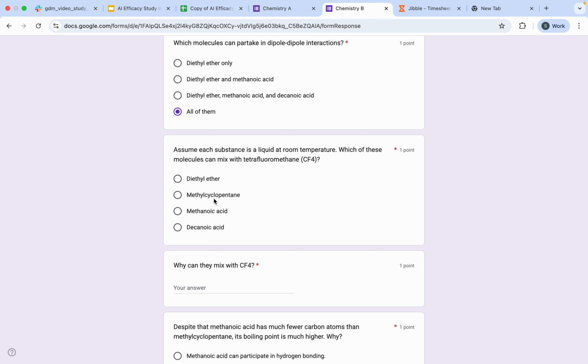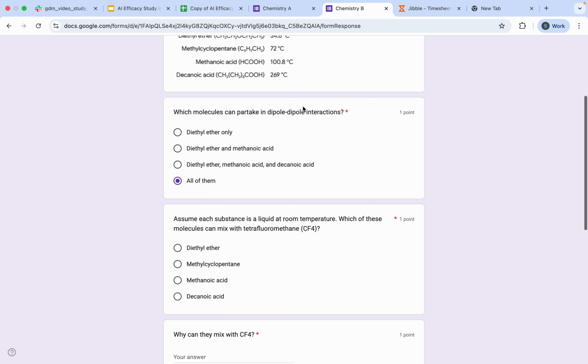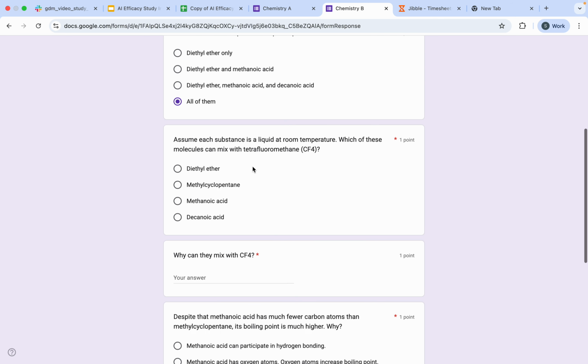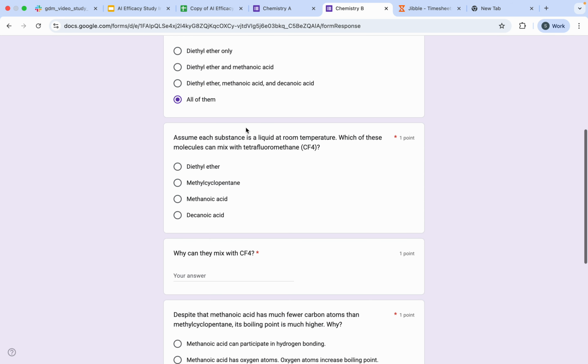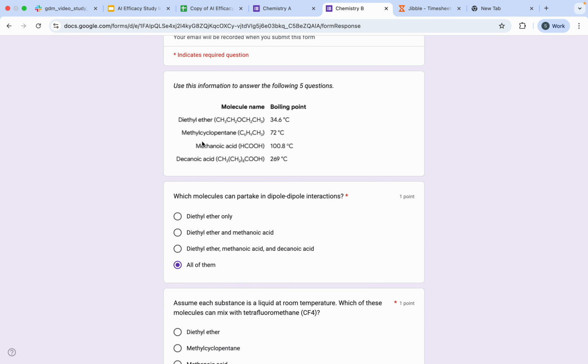Next question is, assume each substance is a liquid at room temperature. Which of these molecules can mix with tetrafluoromethane, CF4? So these 4 all are options.